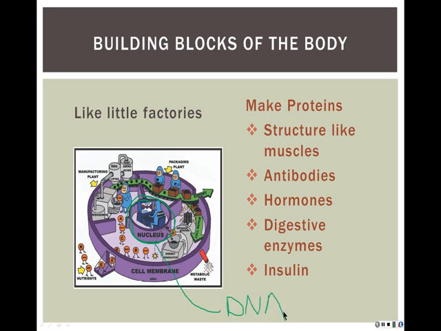And probably most folks know that DNA acts like a blueprint. But beyond that, I think a lot of people have a misunderstanding of what the blueprint, or the DNA, actually codes for.